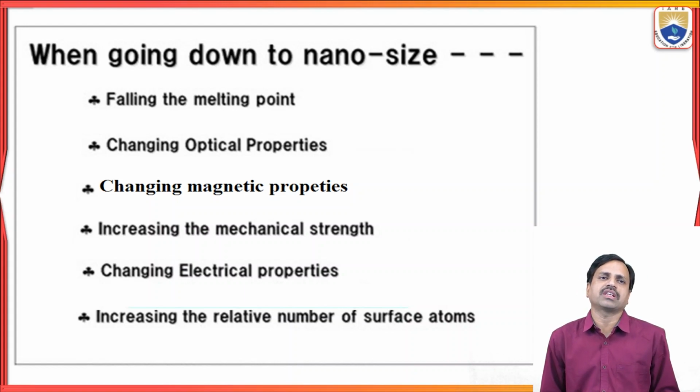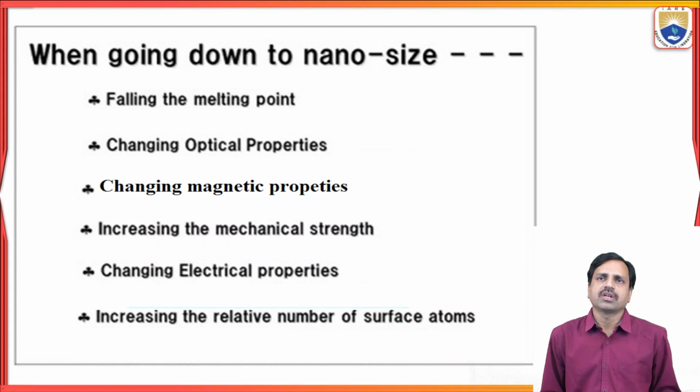This increase in surface area enables reactions, so these nanoparticles are used as catalysts, because catalysis mostly depends upon surface area. As the surface area increases, even a small amount of catalyst is enough, compared to when we use a huge amount of bulk catalyst.